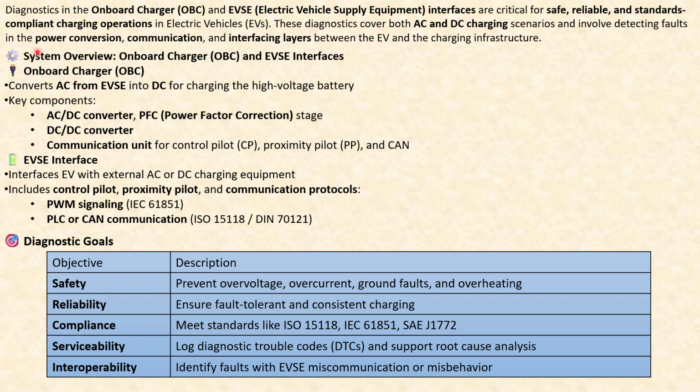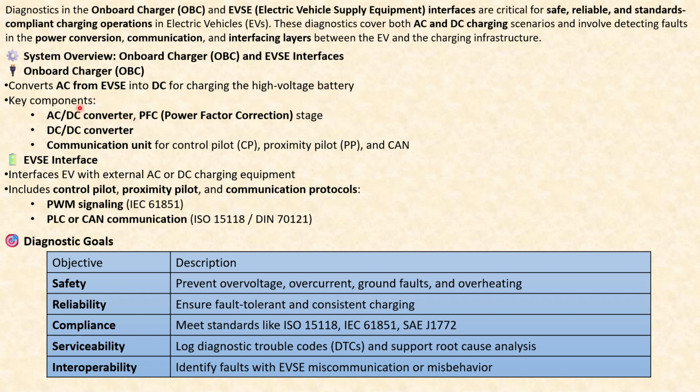Now, when it comes to system overview, onboard charger and EVSE interfaces. The onboard charger converts the AC from the electric vehicle supply equipment into direct current for charging the high voltage battery.